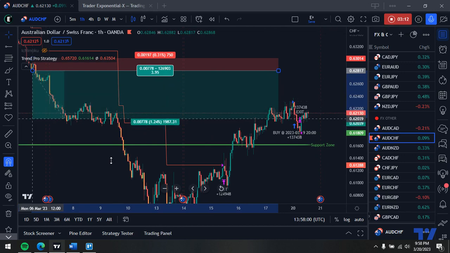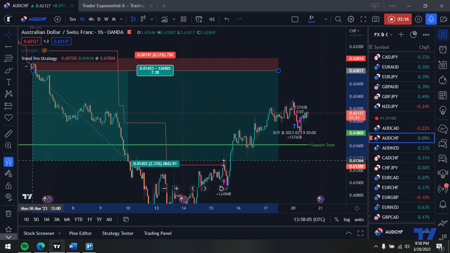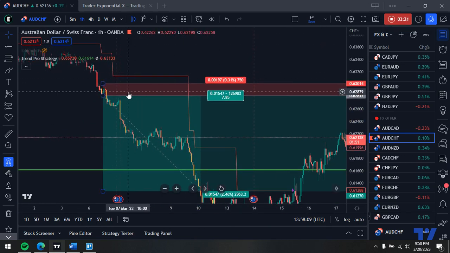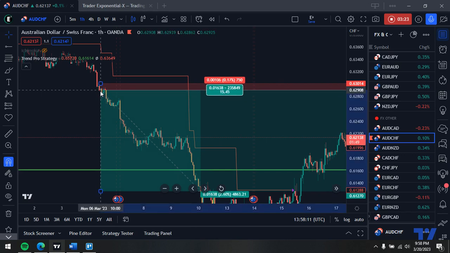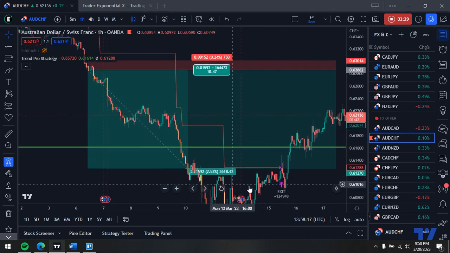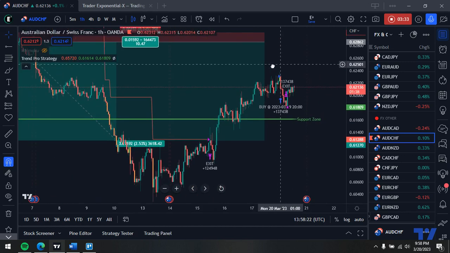Okay, so essentially we trailed up to this point right here. Yeah, so eventually we ended up with about, let me move this a bit higher. Yeah, this is a pretty good return, about a 10R return before price reversed, and it's going up.